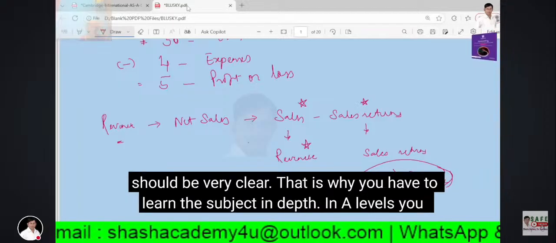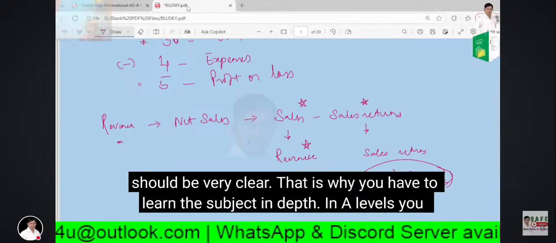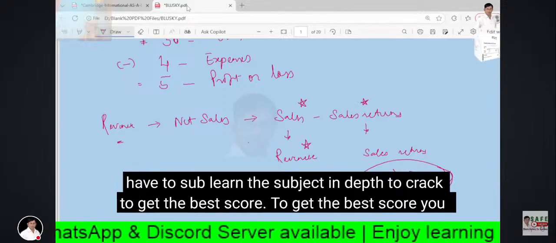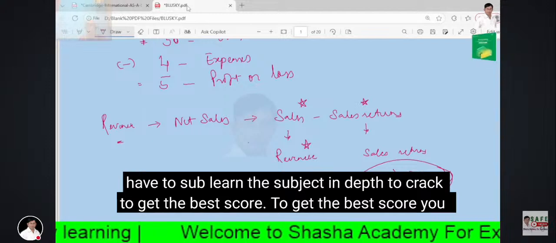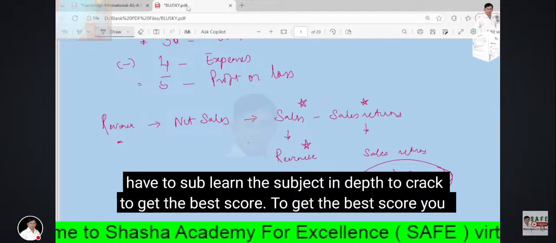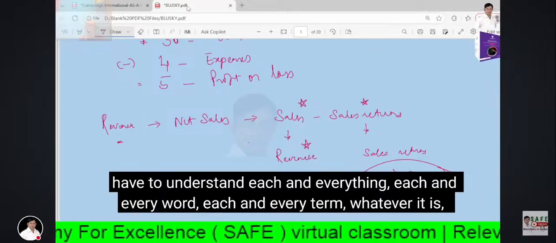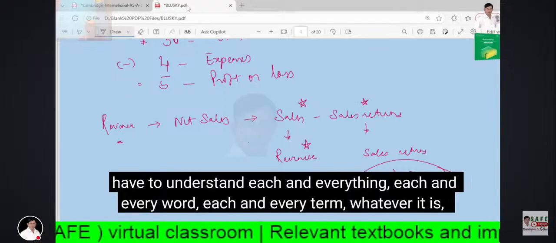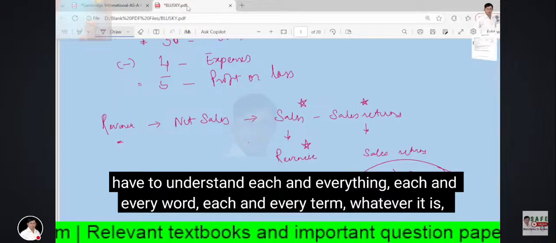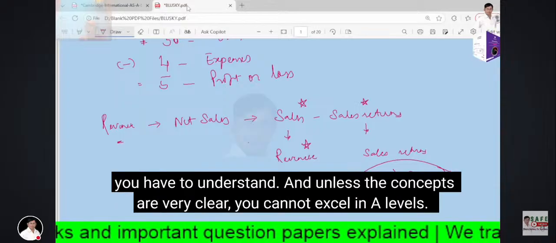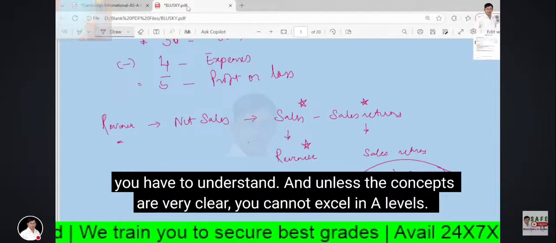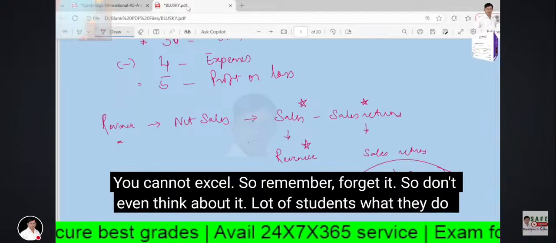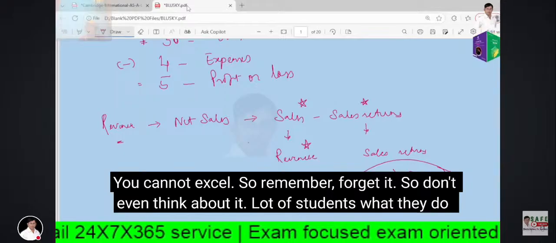That is why you have to learn the subject in depth in A levels to get the best score. You have to understand each and every word and term. Unless the concepts are very clear, you cannot excel in A levels. So don't forget it.